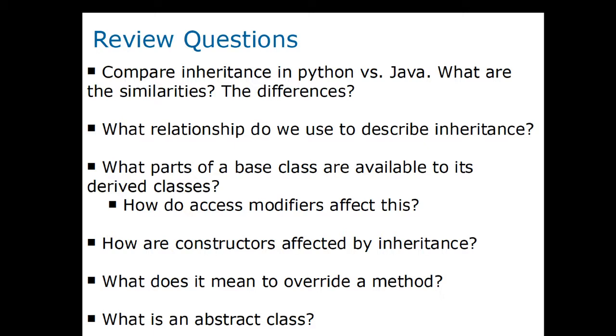What do I see in Java then? To indicate that we're using inheritance. Extends, yeah, we'll see that extends keyword when we're defining our class to indicate that we are inheriting from a different class. What else? Any other differences between the 2?